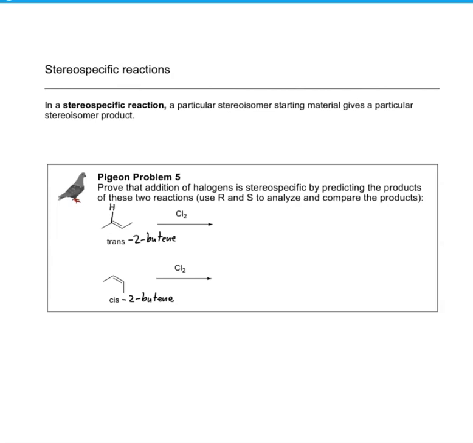So to predict the products, remember you want to include all your H's. And then to draw them, we're going to have to vary the stereochemistry, the wedges and dashes. And so keep 3 bonds. I like to keep these 3 bonds in the plane, like so.